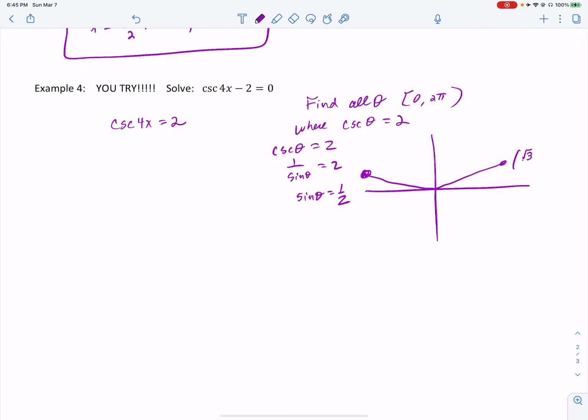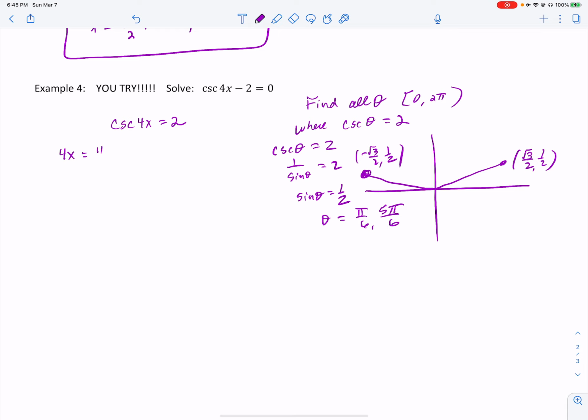It's root 3 over 2 up 1/2, or negative root 3 over 2 up 1/2 on the unit circle. So that's where your y value is 1/2. But it wasn't theta, it was 4x. So we need 4x to be pi sixths and 5 pi sixths.